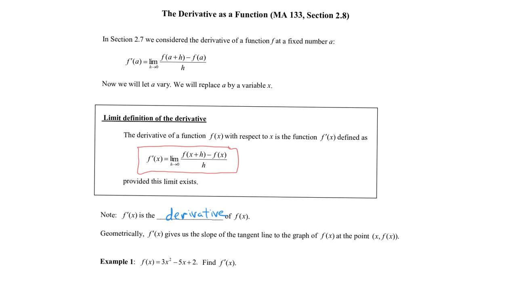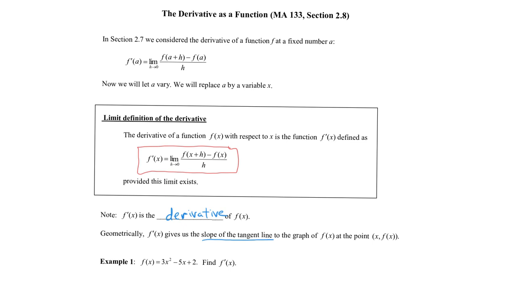If you wanted to know the slope of a tangent line to a curve at the point when x is 4, you just take the derivative and plug in 4.